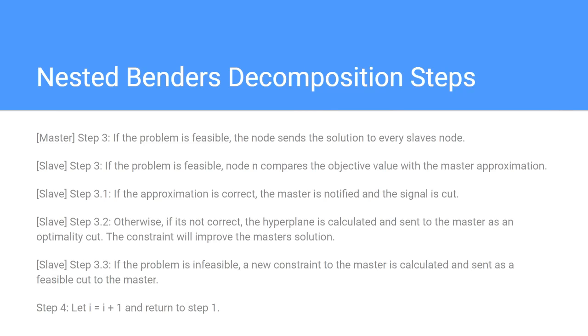And at step 3.3, if the problem is infeasible, a new constraint is sent to the master, and it is sent as a feasibility cut. At that point, we move to step 4, where you increment I by 1, and then you return back to step 1, reassign data to slave and master nodes, and start to have new calculations from that point on.